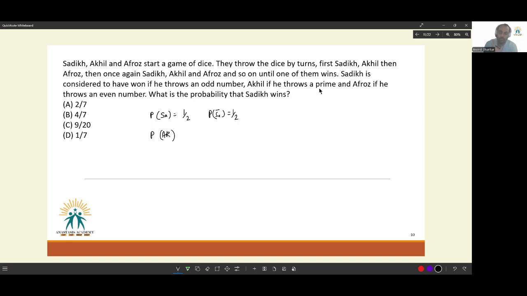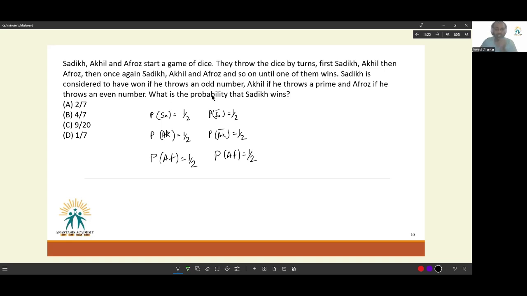Within the first 6 natural numbers, prime numbers are 2, 3, and 5. 3 numbers again. So the probability of Akhil's victory is 1 by 2, and the probability of Akhil's loss is also 1 by 2. And finally, Afroz's victory, the probability of that is again 1 by 2, because 2, 4, 6 are 3 numbers. The probability of Afroz's loss is also 1 by 2.